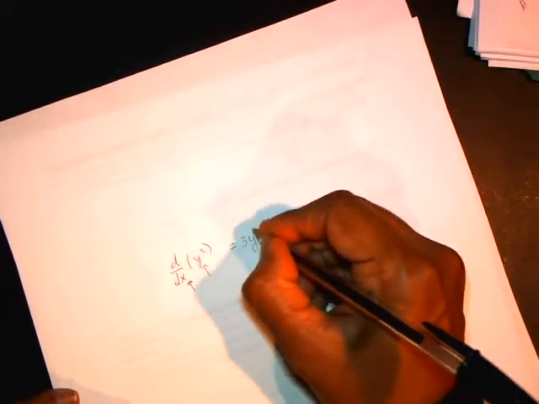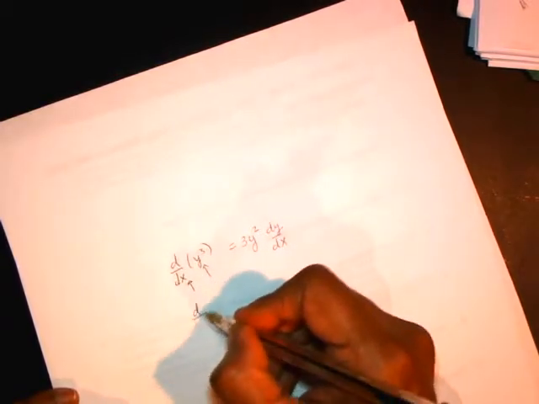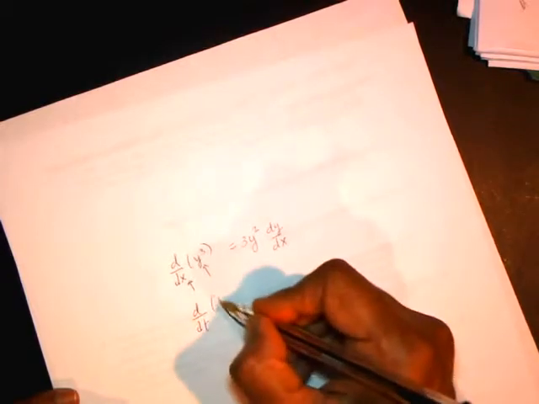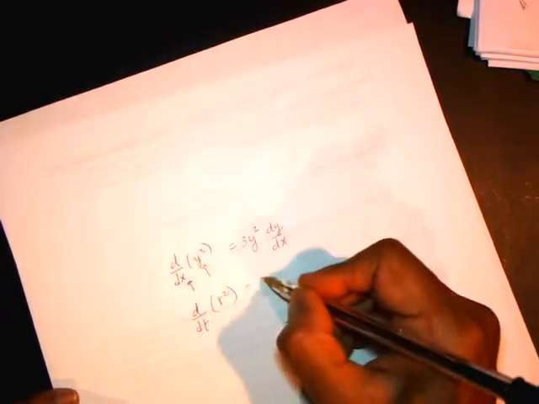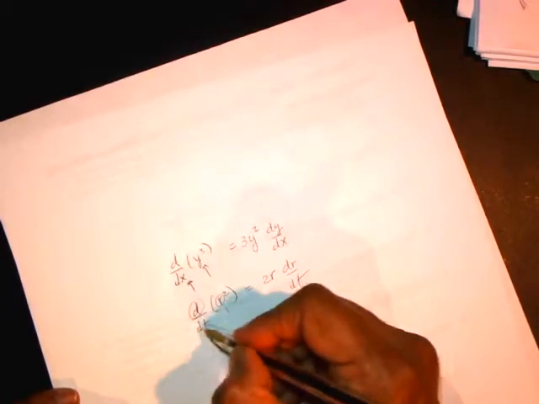We said that was 3y squared. Then we had to tack along the dy/dx. In the same way, we have the derivative in terms of time of r squared, so it's 2r. The variables don't match, so you have dr/dt.